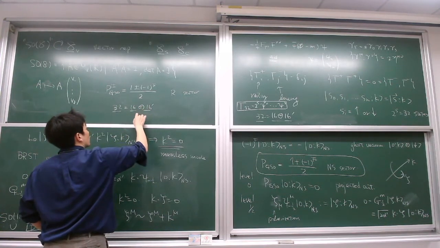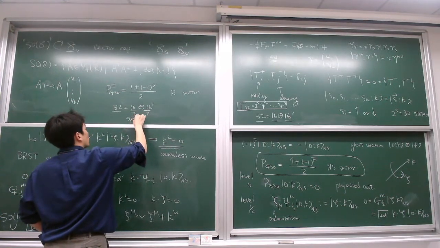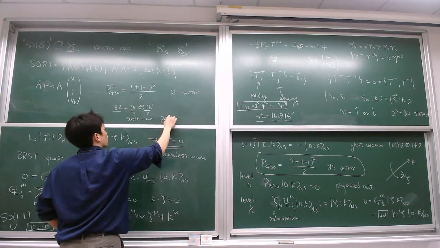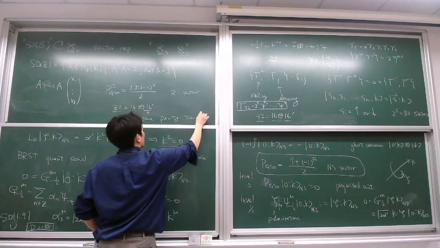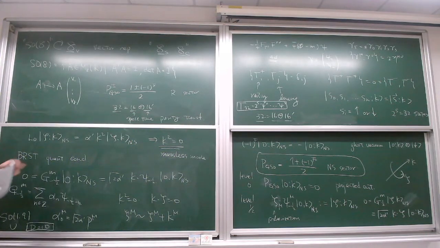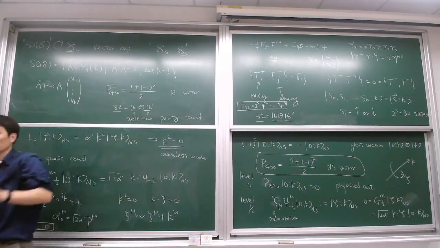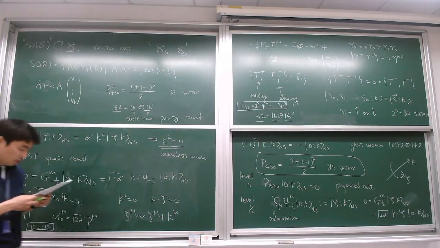So they differ by the space-time parity transformation. So either you pick 16 or 16 prime, plus sign or minus sign, depending on your choice. Whichever is okay.